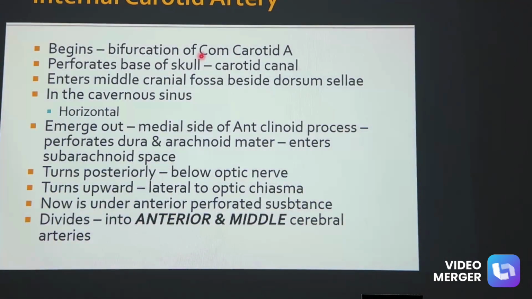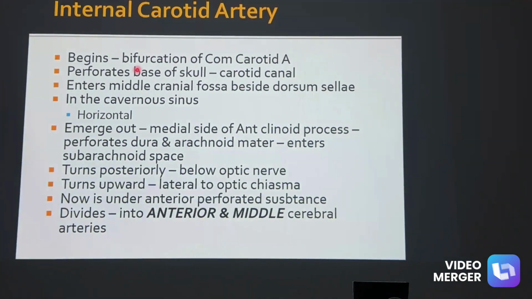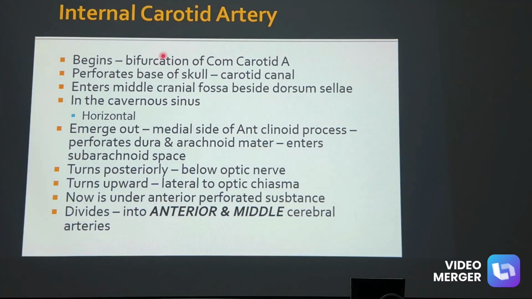Let's start with the internal carotid artery. It begins, as we said, by the bifurcation of the common carotid artery, and it perforates the base of the skull and passes through the carotid canal. It enters the middle cranial fossa beside the dorsum sellae.